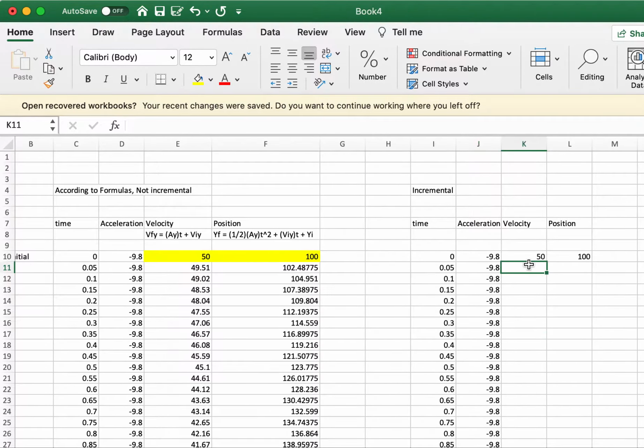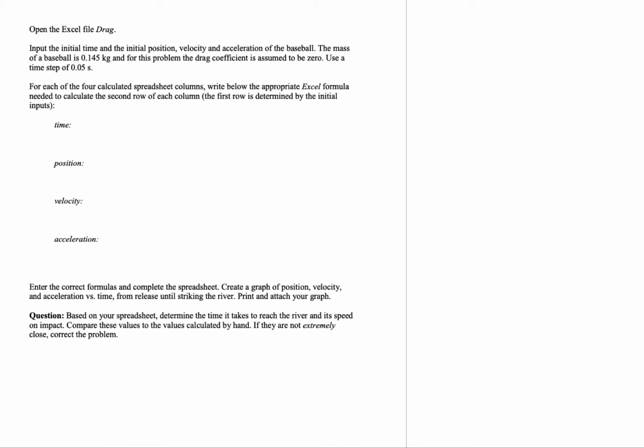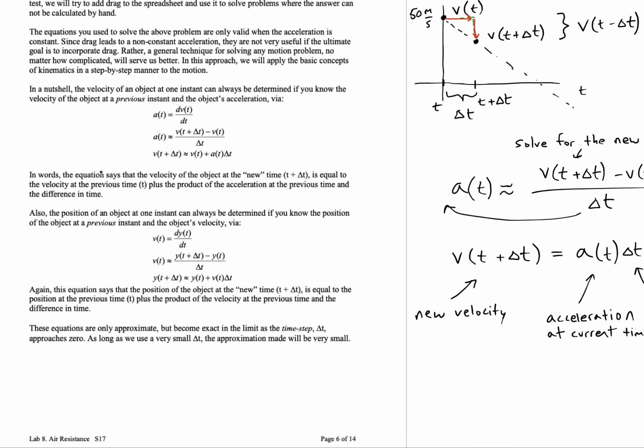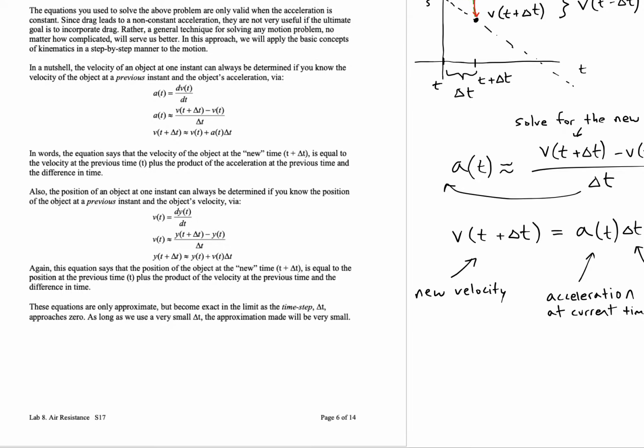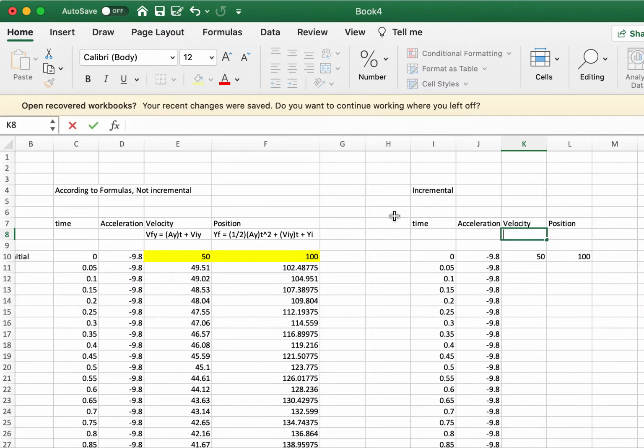All right. But what about the velocity? Well, let me copy the formula correctly here. So we're looking for new velocity, v, equals the current acceleration times delta t plus the previous velocity.